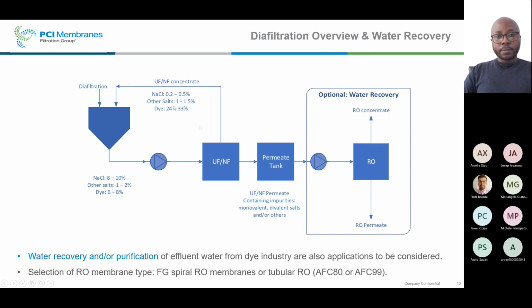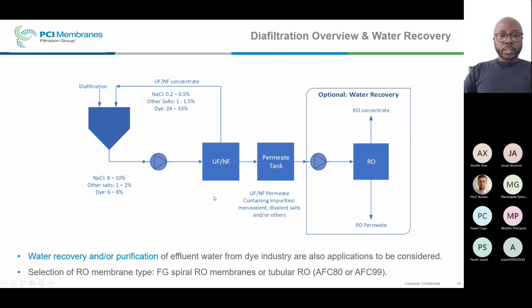For this particular case, the salt content in the concentrate was reduced to around 0.5%. So basically talking about the sodium chloride, for which the starting point was 10%, the sodium chloride was reduced to 0.5%. Other salt composition as well was reduced to around 1.5%.